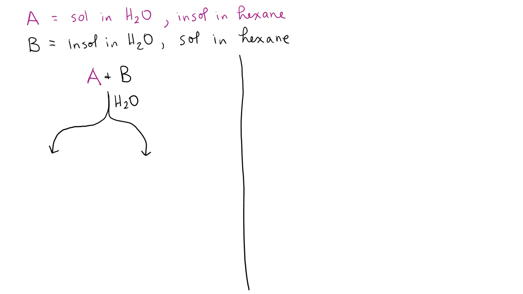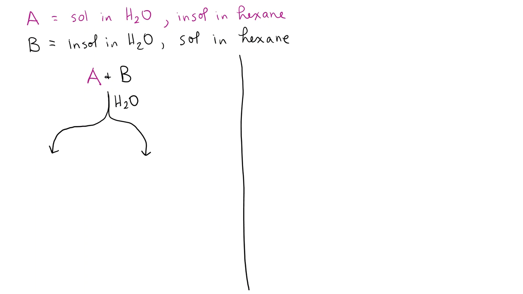What happens to both components when you put water in it? Well, since A is soluble in water, the A dissolves into water, right? I mean, that makes sense. Think about if, again, you had something common that's soluble in water like salt. If you put salt into water, stirred it up a little bit, it would dissolve.